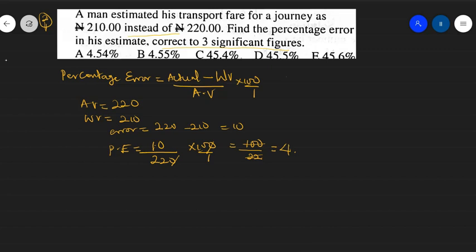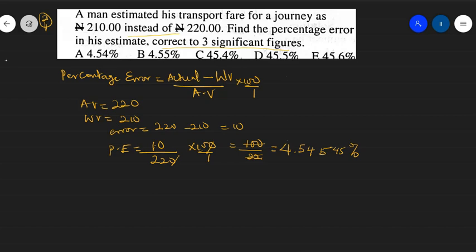If you punch your calculator, you're going to have something like 4.54545%. Now remember, they said 3 significant figures. Let me do a quick lecture on how to deal with significant figures.